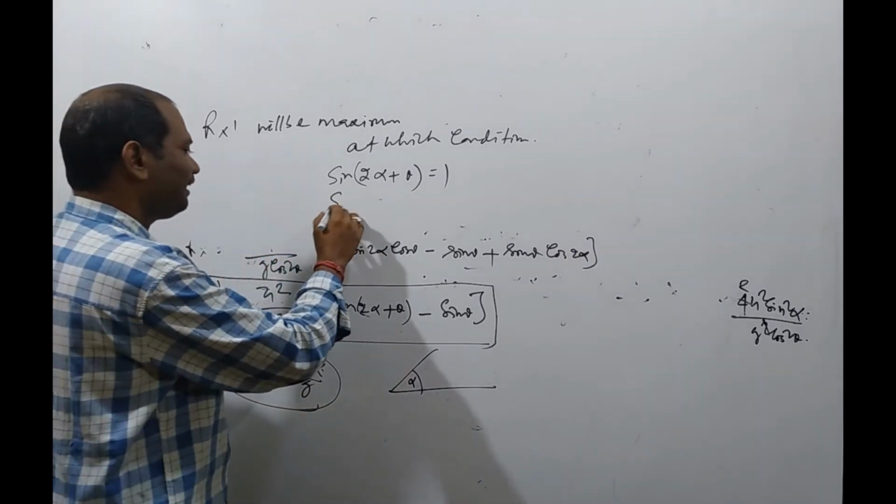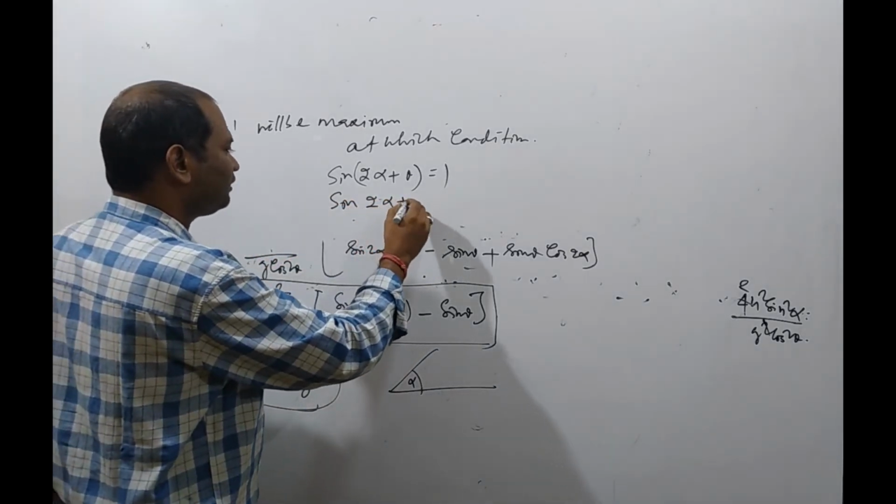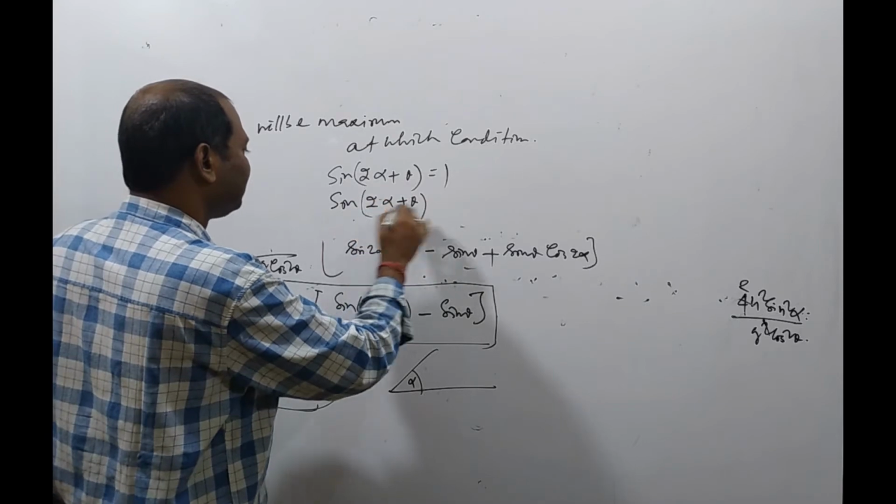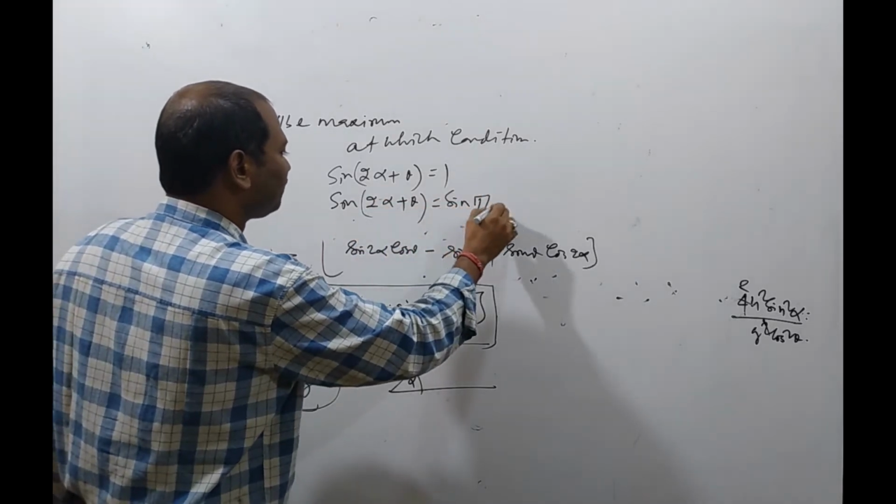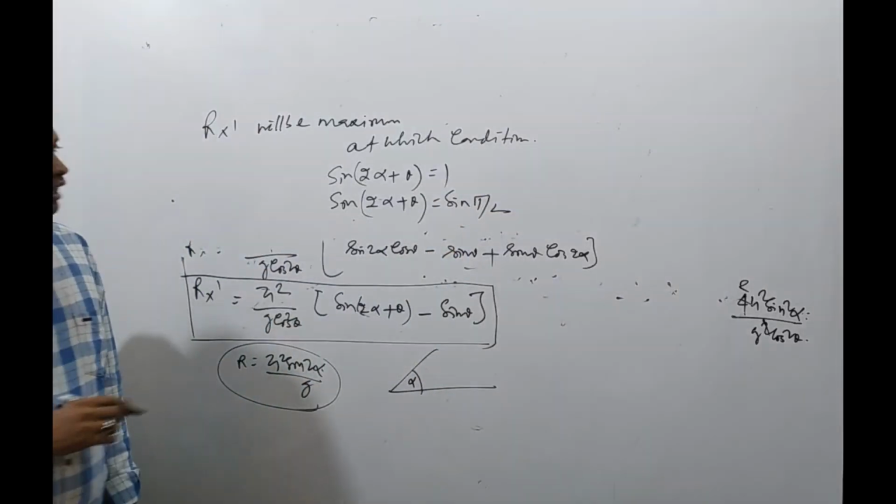Then sin of 2 alpha plus theta is equal to sin pi by 2.